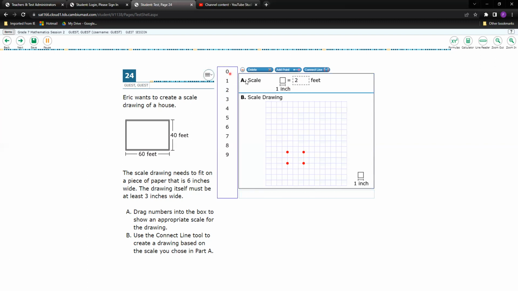Let me drag the 0. Like that. So each little square is 20 feet, and that would qualify with at least 3 inches, and not 6 inches. And every inch is 20 feet, giving you a 60 by 40. With that scale, 1 inch in the box represents 20 feet of the rectangle. That's it. Moving on.